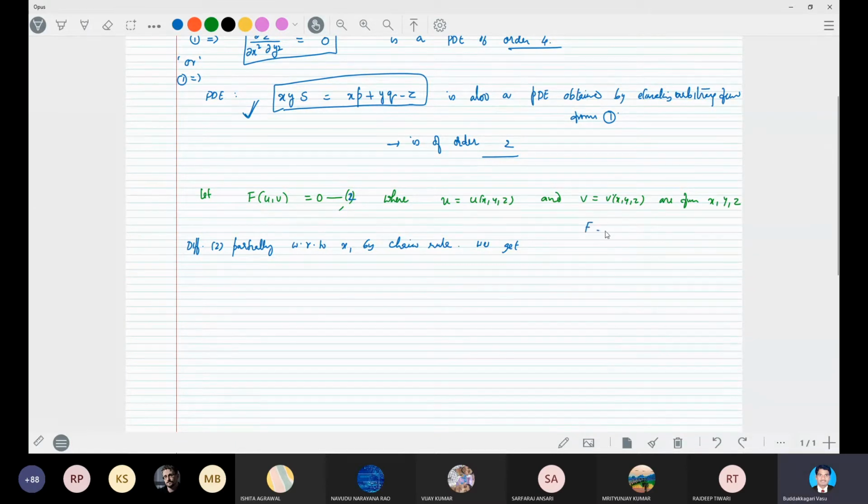Here F is a function of u, v, and u, v are functions of x, y, z, and z is a function of x, y, where x, y are independent variables. That's all, right? Now what will be the chain rule for finding the differentiation of F(u, v) = 0 with respect to x? Chain rule, can anybody say?